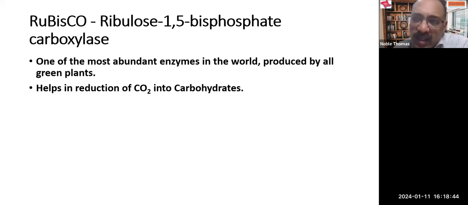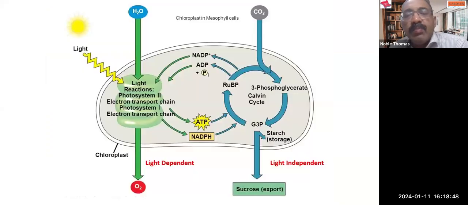This is actually an enzyme which can speed up the process. What process? It can speed up the entire process of utilization of NADPH or ATP to add hydrogen into carbon. That entire process is actually happening in the form of Calvin cycle.